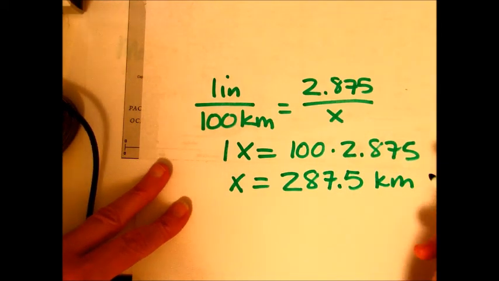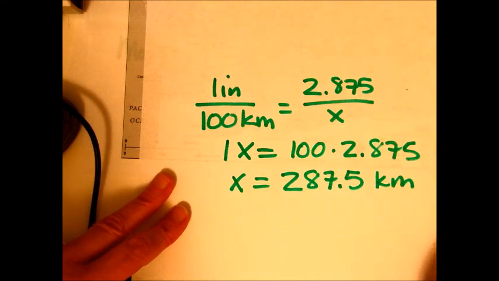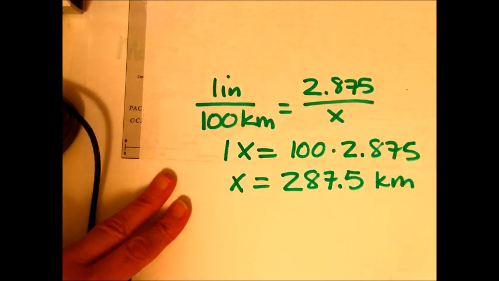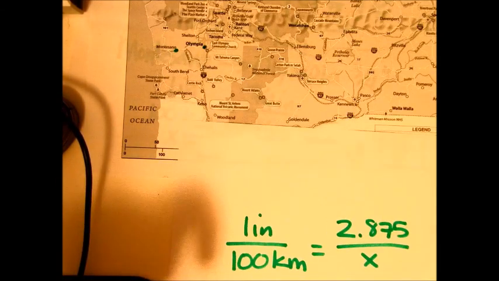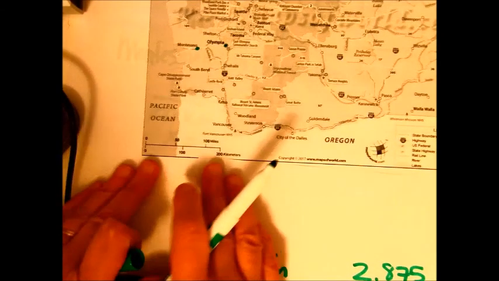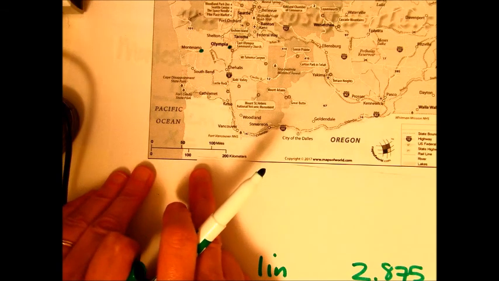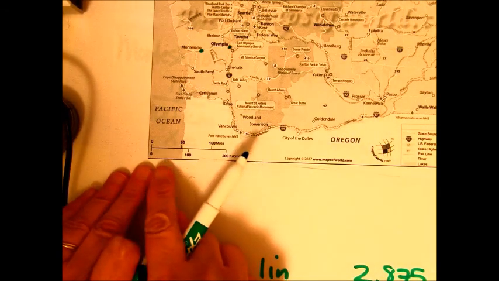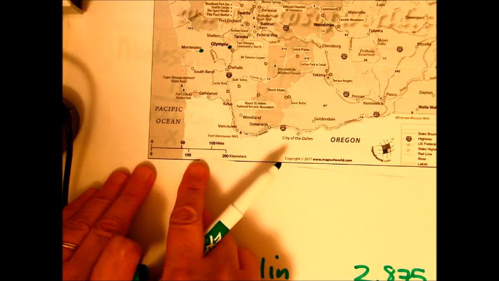So again, I was right. It was going to be less than 300 kilometers. Anyway, those are just some examples of how you could use this scaling that's on most maps to figure out the distance from one place to another, just using your ruler and developing or using proportionate ratios.